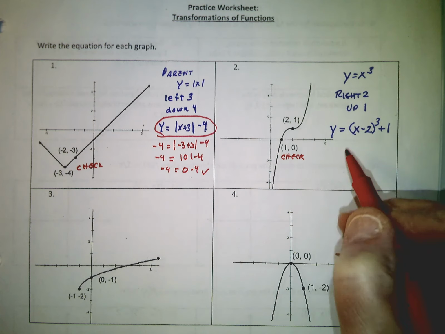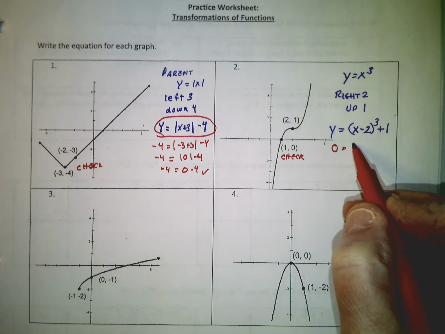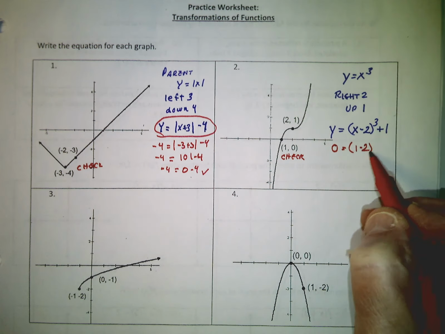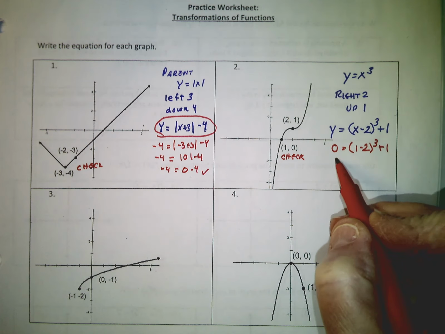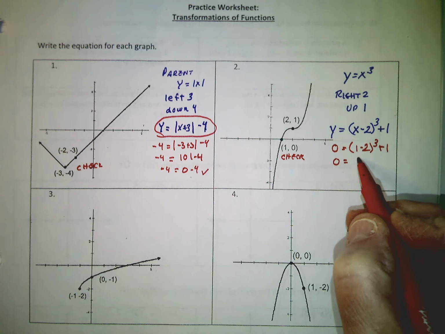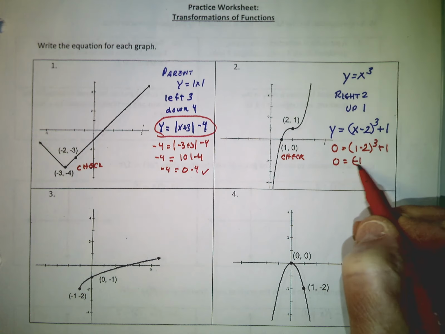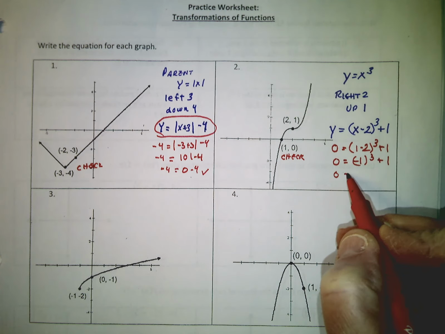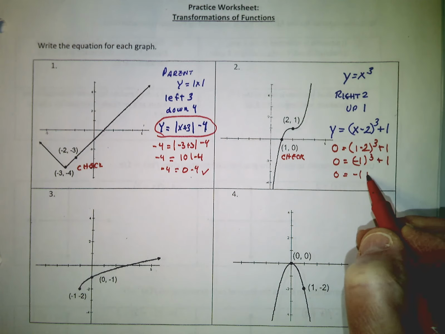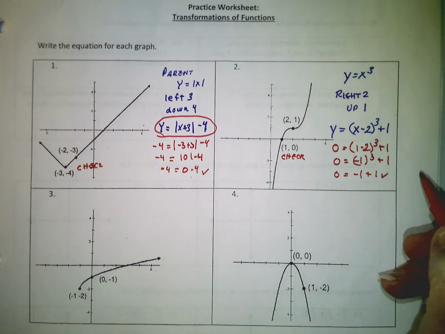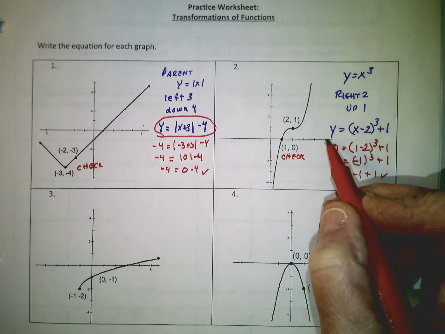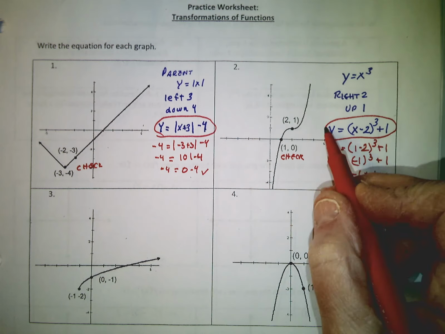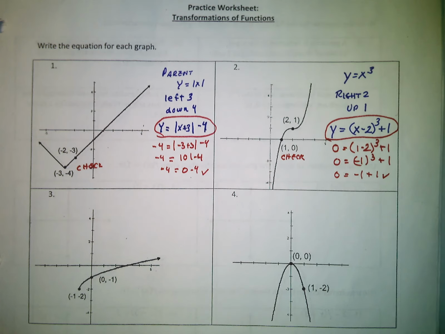When x is 1 and y is 0, so 0 for y, and 1 for the x. So 0 should equal -1 cubed plus 1, and the cube on -1 is -1. So that checks. And this would be the equation of the transformed function.